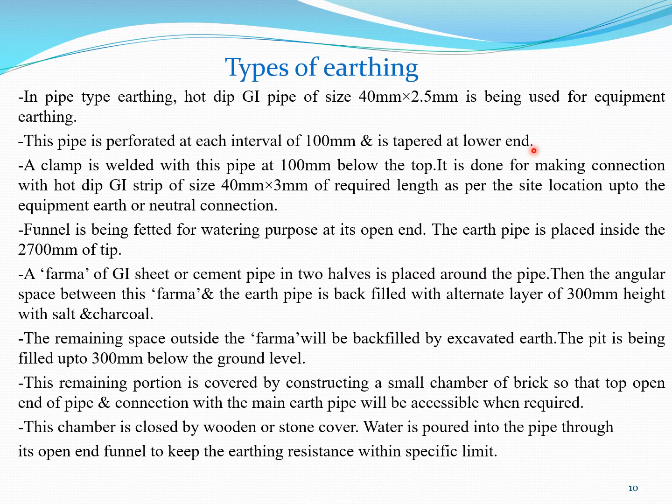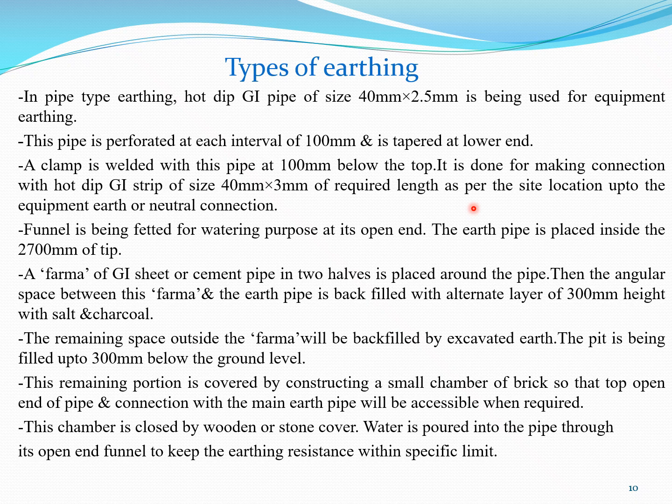It is done for making connection with a hot dip GI strip of size 40 by 3 of required length as per the site location up to the equipment earth or neutral connection. A funnel is fitted for watering purposes at the open end. The pipe is placed inside the 2700 pit.